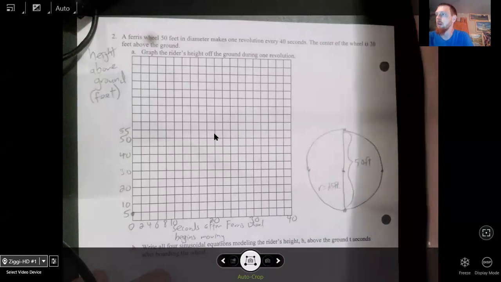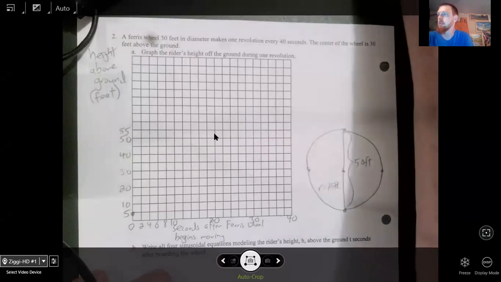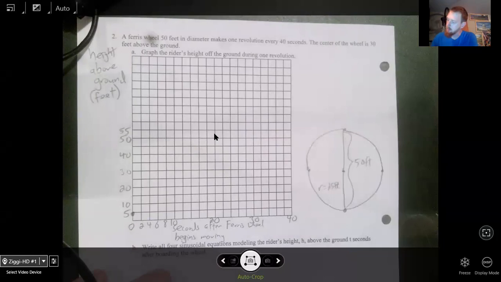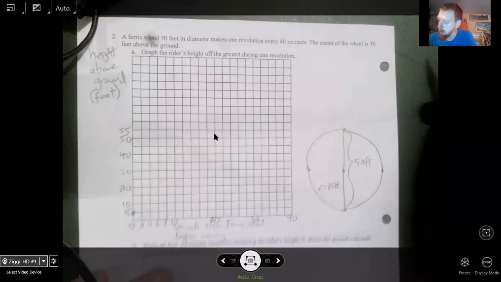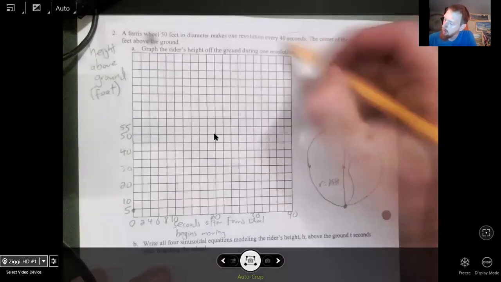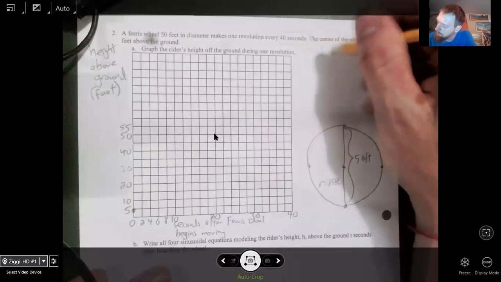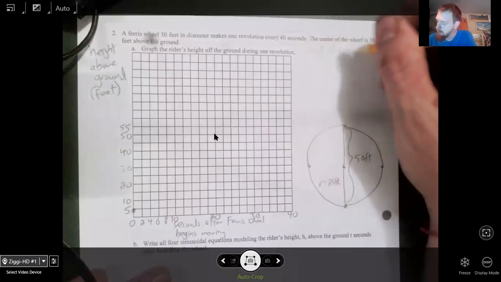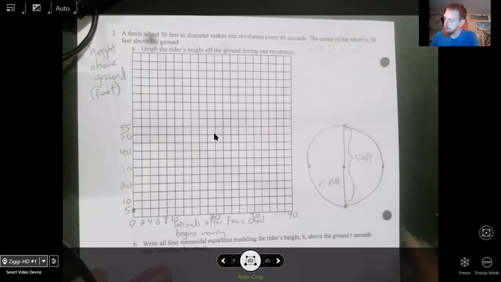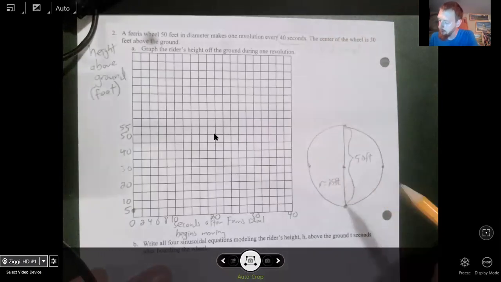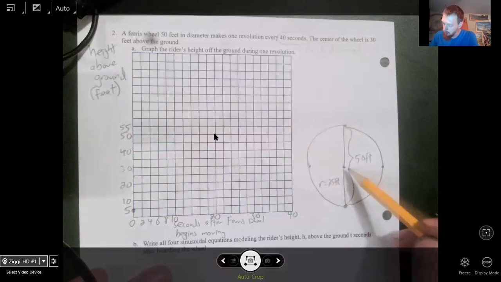Well, what they tell us is that it takes 1 revolution every 40 seconds. So that tells you the length of the period. The center of the wheel is 30 feet above the ground, and the Ferris wheel is 50 feet in diameter.